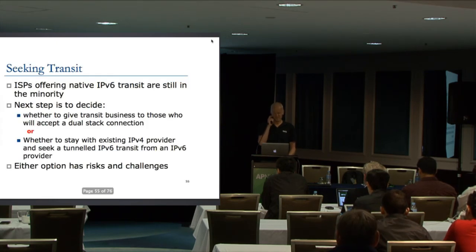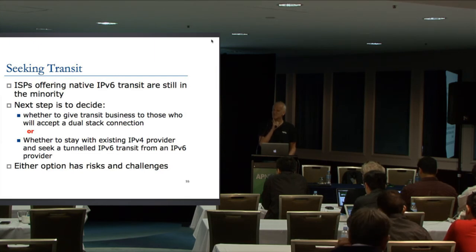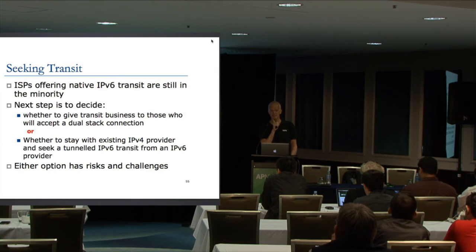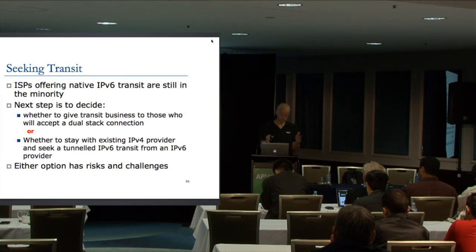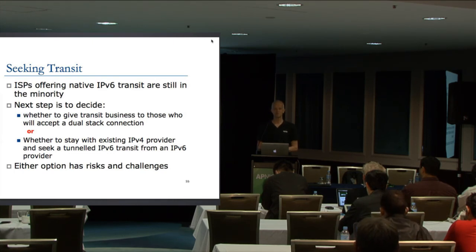So ISPs offering native v6 transit, they're still in the minority. But it's interesting, if you look at, say, the top 500, I think most of them have now got v6 enabled. How many are selling v6 to end users? Slightly less. But it seems to me it's the biggest providers globally have all done the v6 thing. As we get smaller and smaller, the smaller transit providers, you're finding more difficulty.